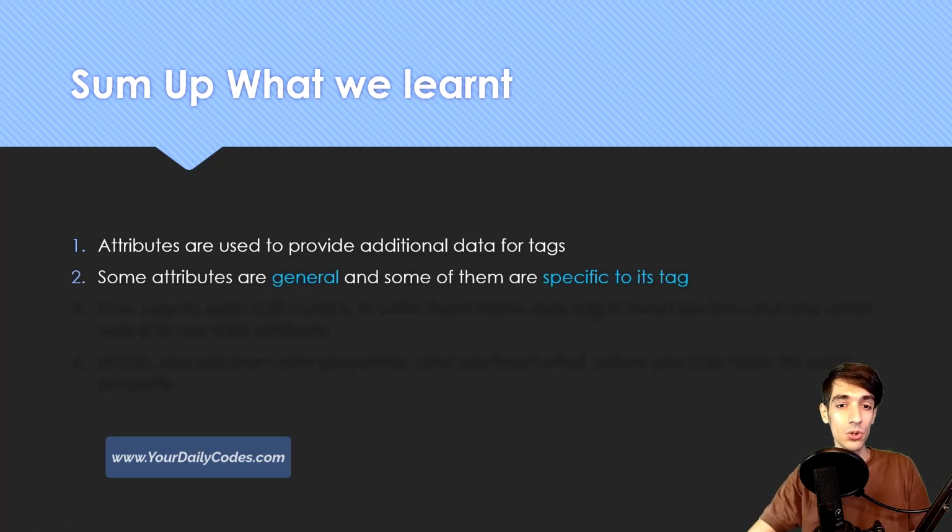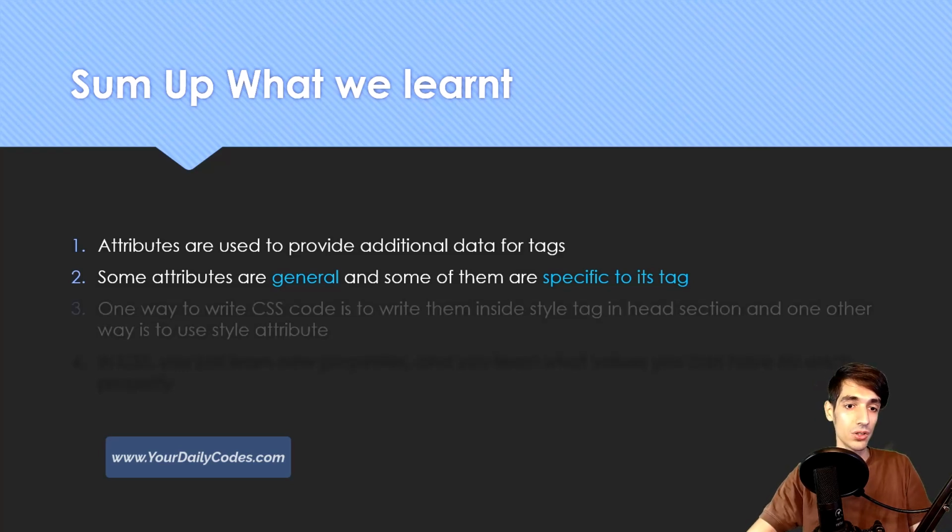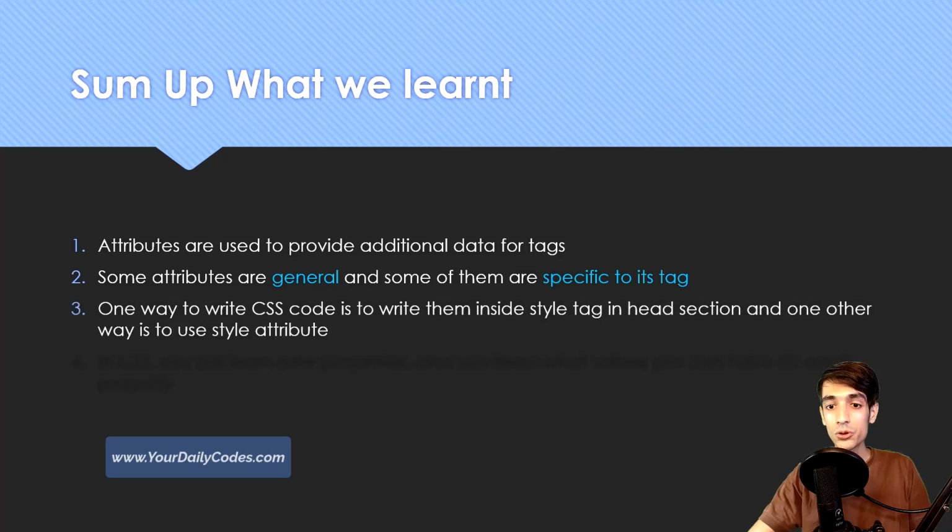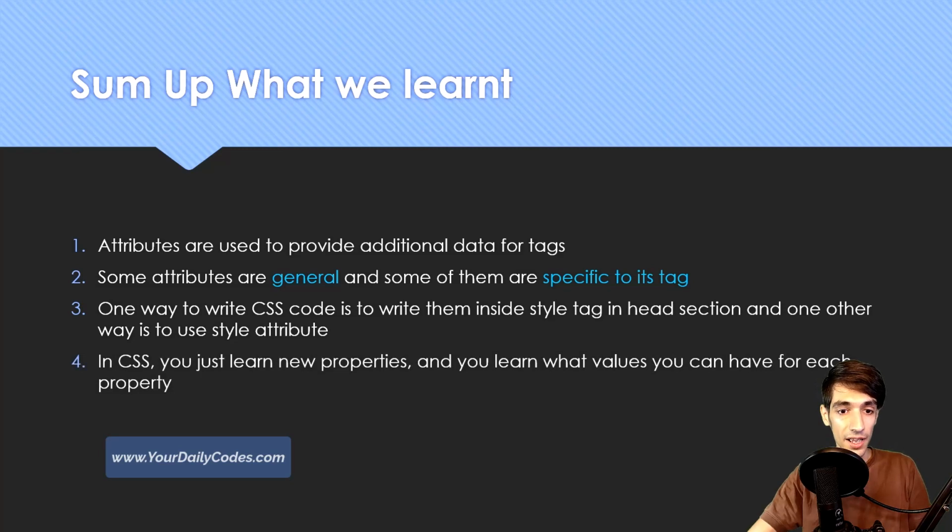As we know, some of the attributes are general or global, like the lang attribute, and we will see so many other attributes, and some of them are specific to one tag or maybe more tags. And we learned two ways of writing CSS, in the head section and in a style attribute.